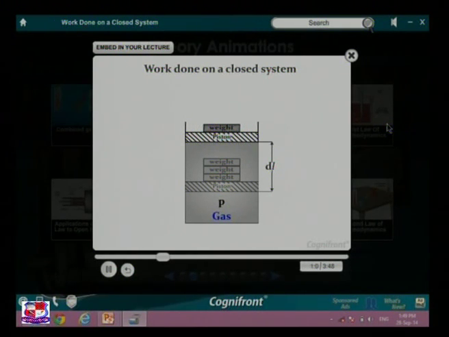Let P be the pressure exerted by the gas and A be the cross-sectional area of the piston. Therefore, the force exerted on the piston F is equal to P into A.